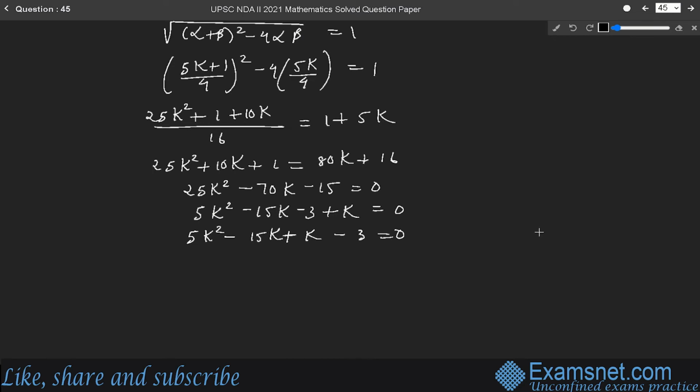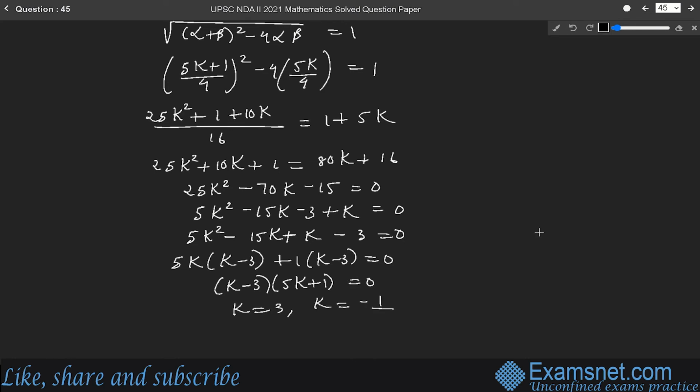On taking 5k common, we get 5k into (k minus 3) plus 1 into (k minus 3) is equal to 0. So in this way we find the factors for this equation, and the factors will be k minus 3 and 5k plus 1 is equal to 0. So k will be equal to 3 and k will be equal to minus 1 by 5.